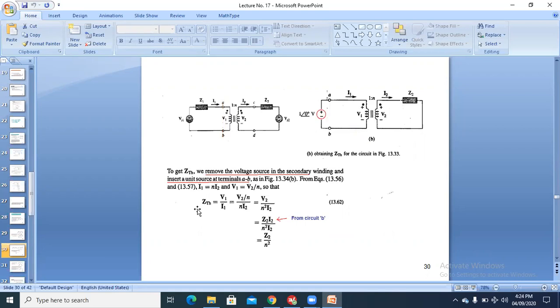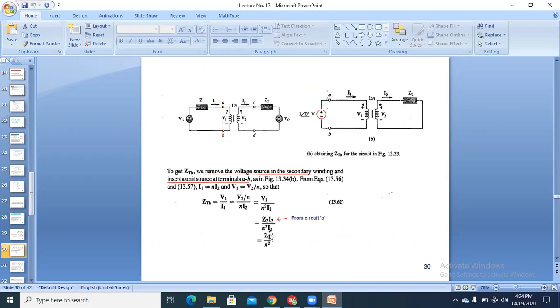For Zth, we know that it is equal to V1 over I1. So that is V2 by N and N I2, or V2 by I2 N squared, that is equal to Z2 by N squared.